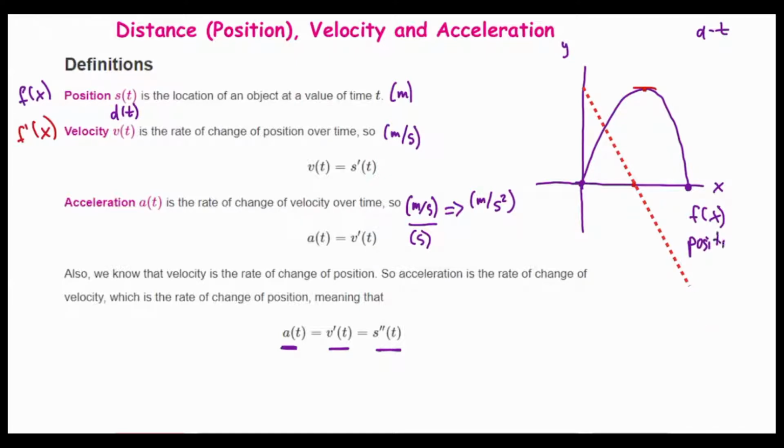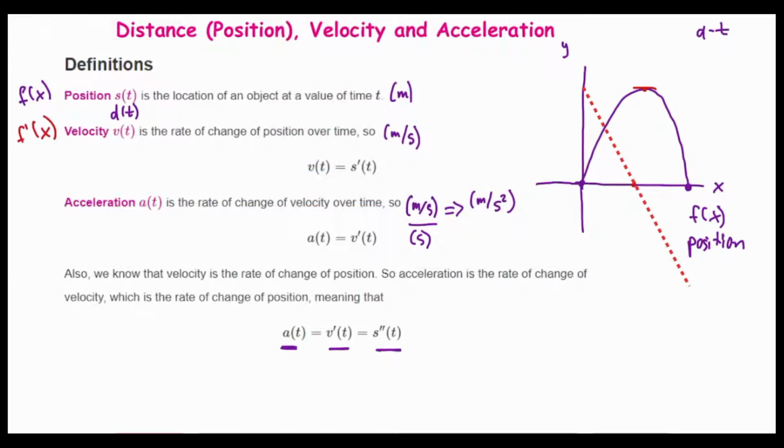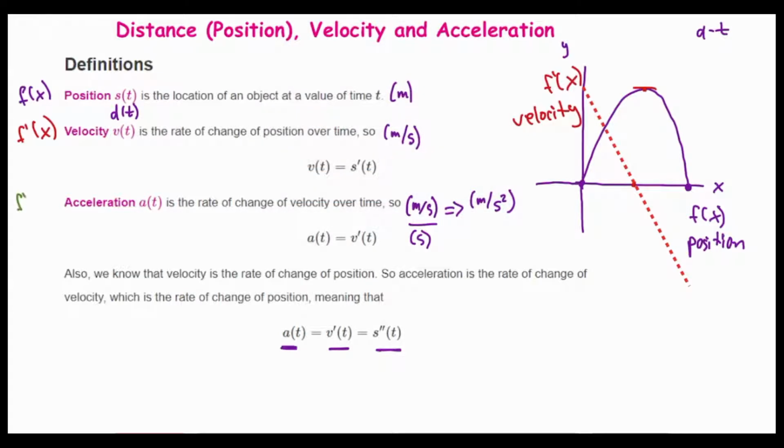So my quadratic represented the position of the ball. My first derivative gave me the velocity of the ball. And what do I know about the second derivative? F double prime x, in this case, gives us the acceleration of the ball.